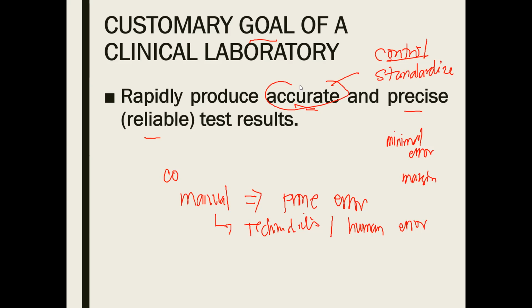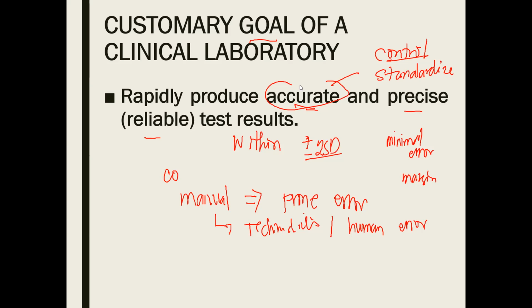However, we must make sure or we must ensure that our machine is within control. Within control is within positive or negative 2SD so that we can say that there is no problem in our machine.